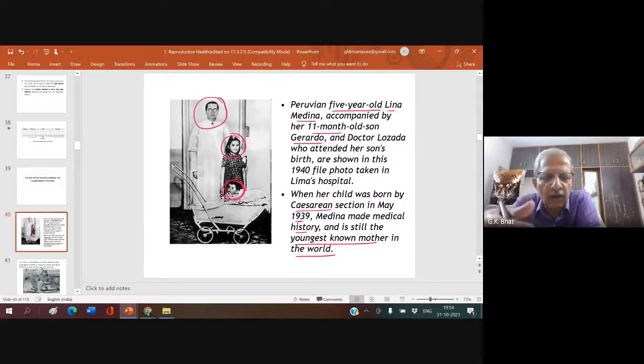These things are happening nowadays in India also. Children of about 2.5 years, 3 years are now getting their periods, menstruation.